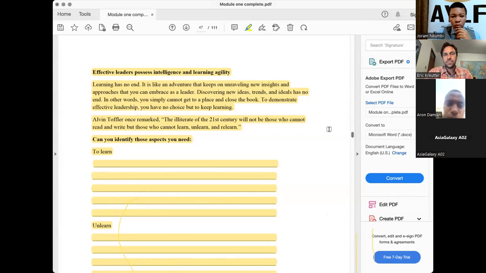And to me, one of the most important things that allows you to continue the journey in your leadership is learning, the ability to learn as you go, because we don't know everything.